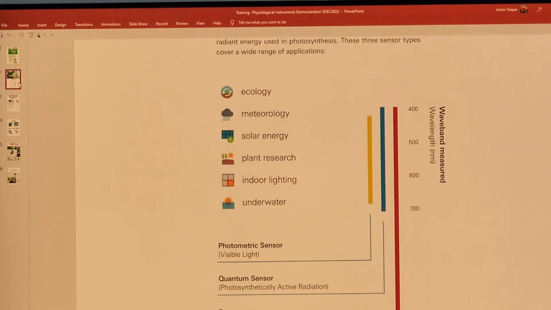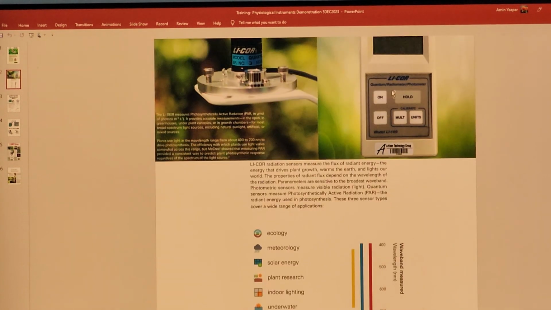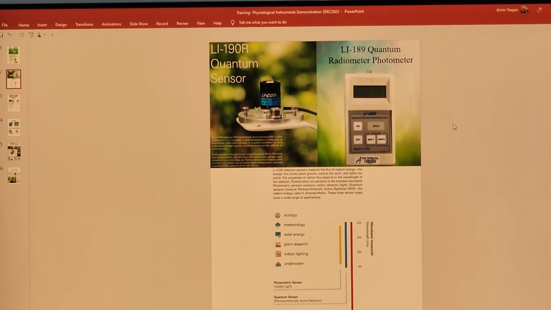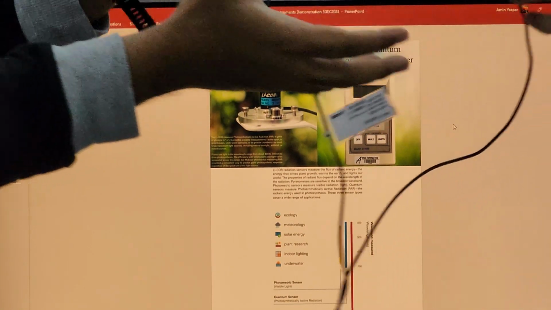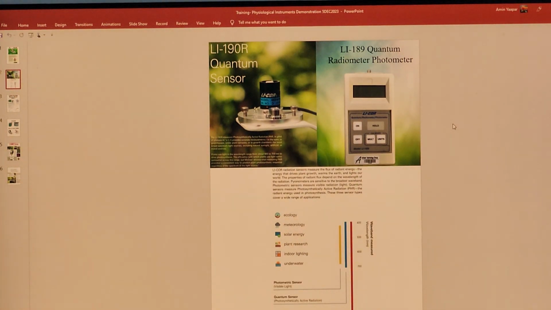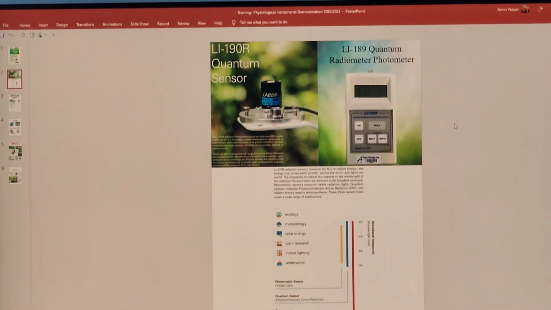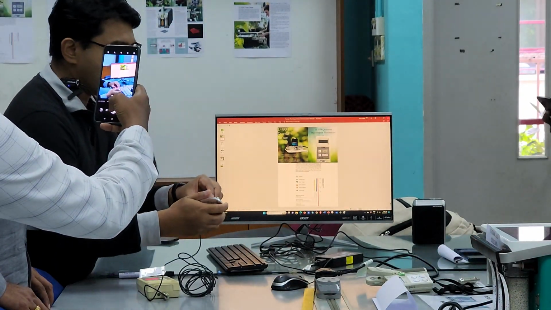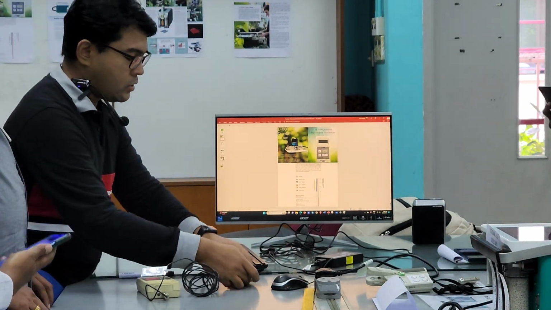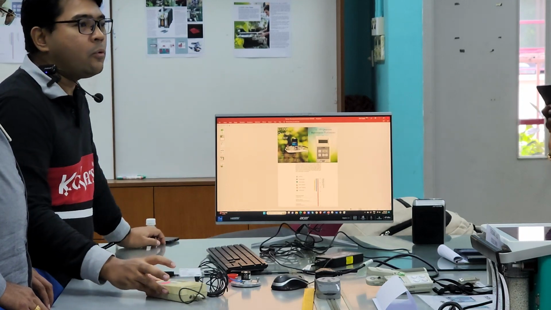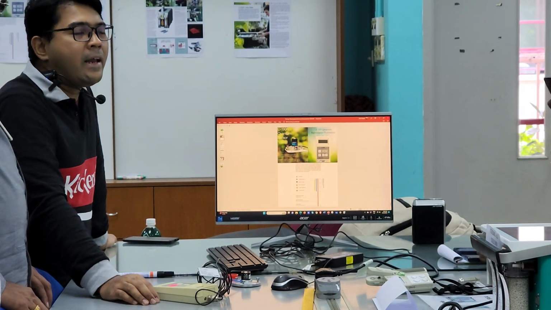Okay. So the second one is actually a quantum sensor. This is actually the old version of this. We are about to have a new one later. So quantum is actually referring to the light, Q, the packets of energy.